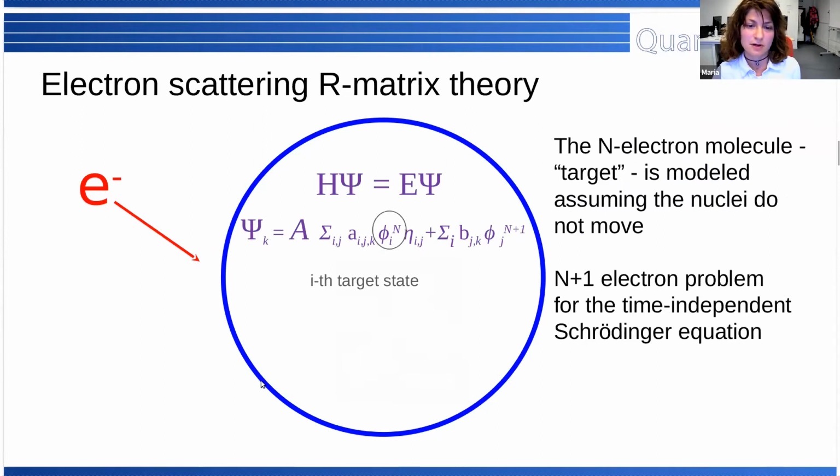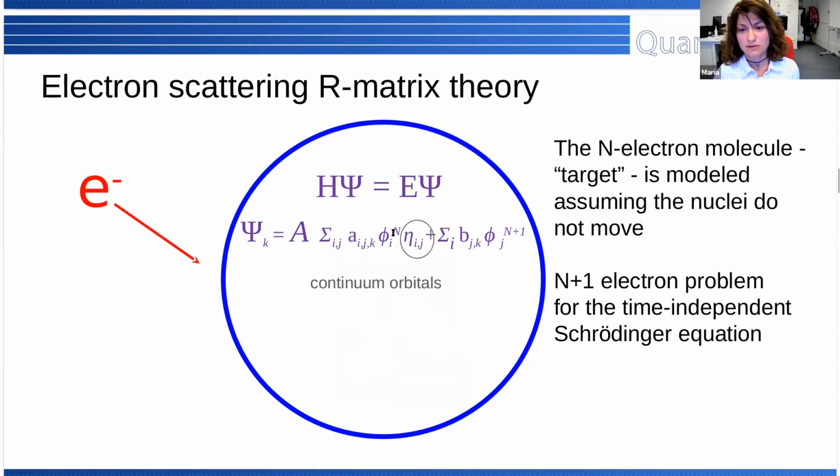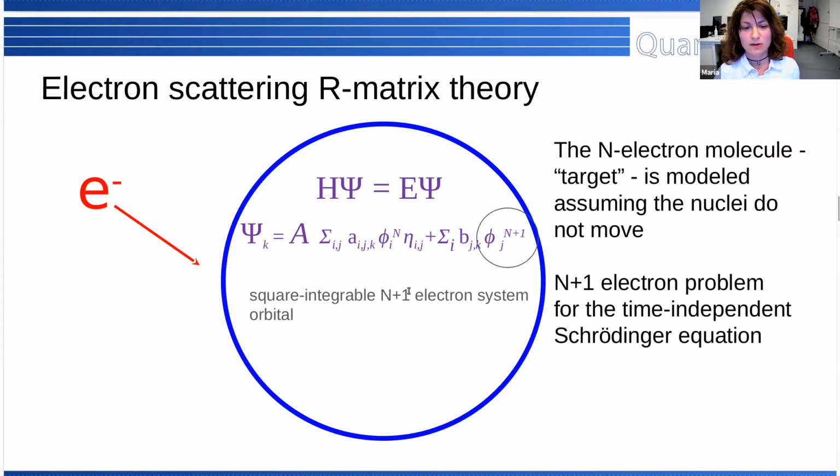Inside of this R-matrix, in the inner region, one is going to solve the time-independent Schrödinger equation for fixed nuclei for the N plus one electron problem, using the trial wave function, which includes the target states, the continuum orbitals, and the square integrable functions which form the N plus one electron system orbitals.